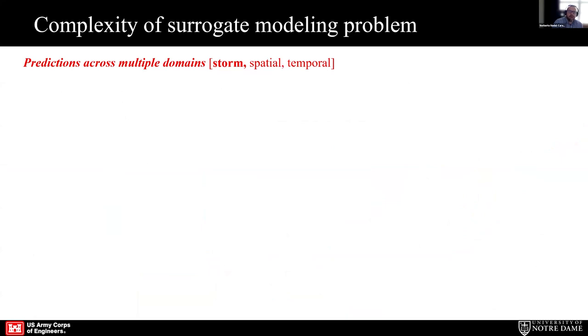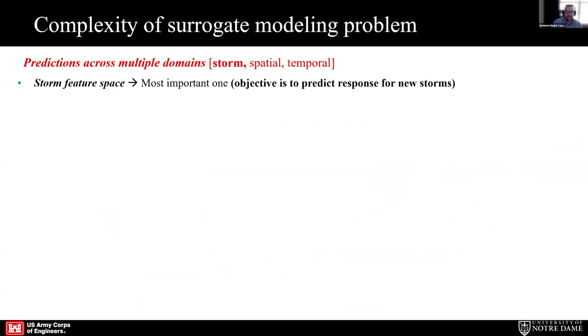So surrogate models in our context, again, need to be developed or established across 3 different domains. With this, we have the storm parameters or storm features, the spatial domain, and the temporal domain. In our case, the most important one is the storm features or storm parameters.